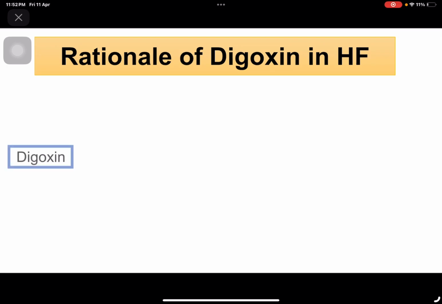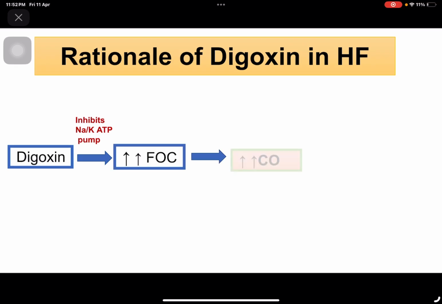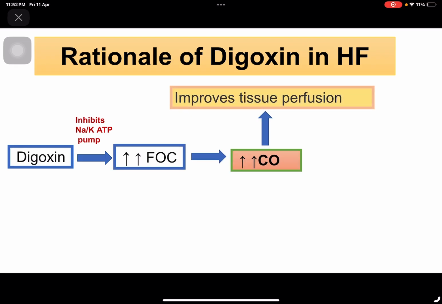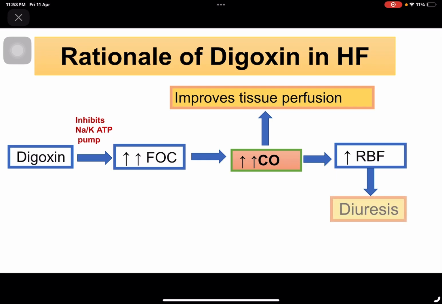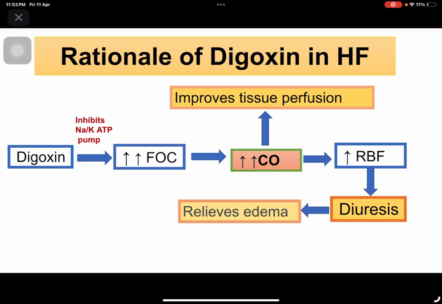So the rationale of digoxin in cardiac failure: digoxin increases the force of contraction and increases cardiac output, which results in the improvement of tissue perfusion, as well as increased renal blood flow, which enhances diuresis and relieves the edema.